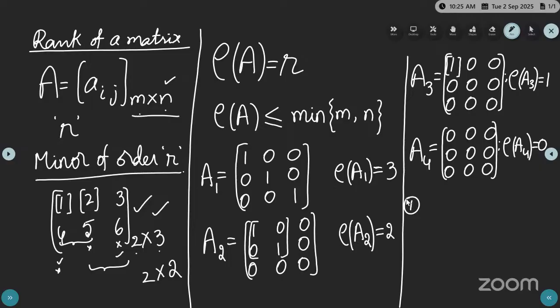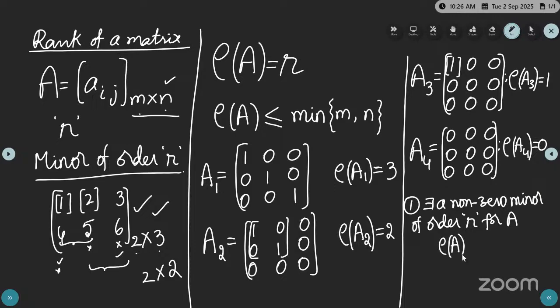If there exists a non-zero minor of order R for a matrix capital A, then the rank of A is, tell me now.